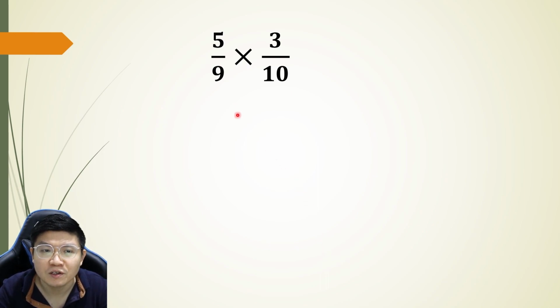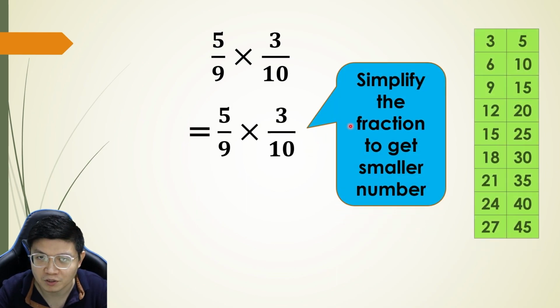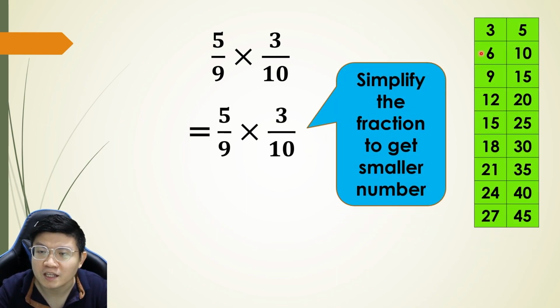Okay, next I'll be showing you other numbers, proper fraction times proper fraction. And we try to simplify if possible, right? Here I'll be using times table 3 and 5. By looking at the times table, I know I can simplify these two, 5 and 10, right? It's actually under times table 5. So this 5 becomes 1 because under times table 5 it is the first place.